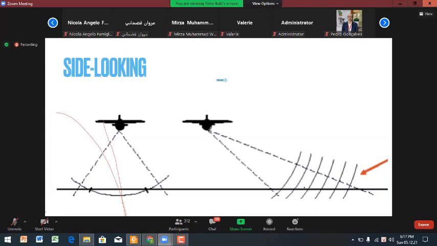It doesn't matter in that case. When you're looking down, you cannot separate the left side from the right side because you have such a huge beam. It is not like a laser system, for example, where you would have a rather small footprint and you would scan along.